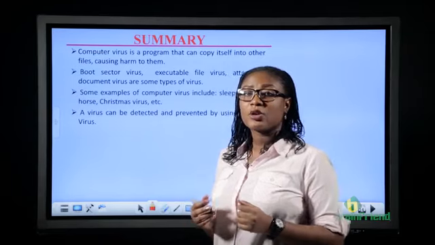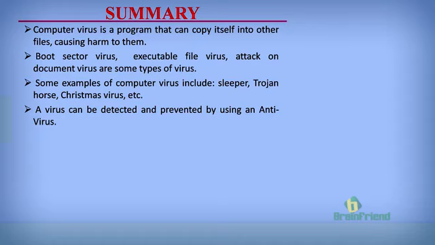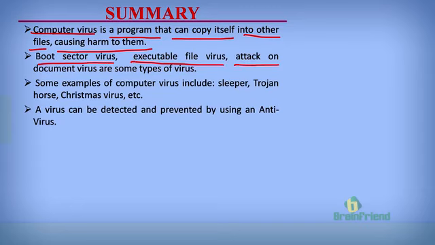Okay, let's summarize all we've looked at today. We said the computer virus is a program that can copy itself. It is self-duplicating into other files, causing harm to them. The boot sector virus, executable file virus, and attack on document virus are some types of virus.